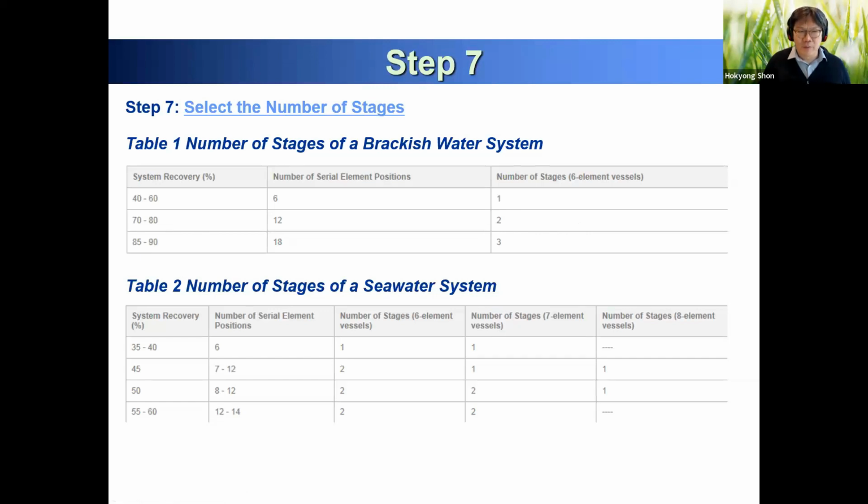So pilot scale operation will give a very good indication of how many stages would be ideal. So your decision making is experimental oriented, or in general, for brackish water with different recovery rates, how many stages you need.